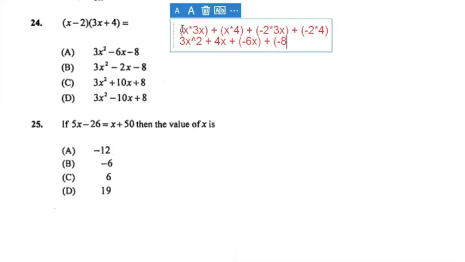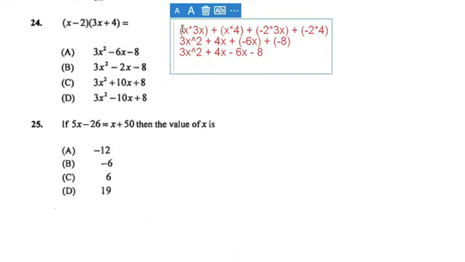So we're just going to go ahead and try to remove these brackets by multiplying the signs. So we still have 3x raised to the power of 2 plus 4x, and a positive times a negative will result in a negative. So we'll now have minus 6x, and again a positive times a negative will result in a negative. So we have minus 8.